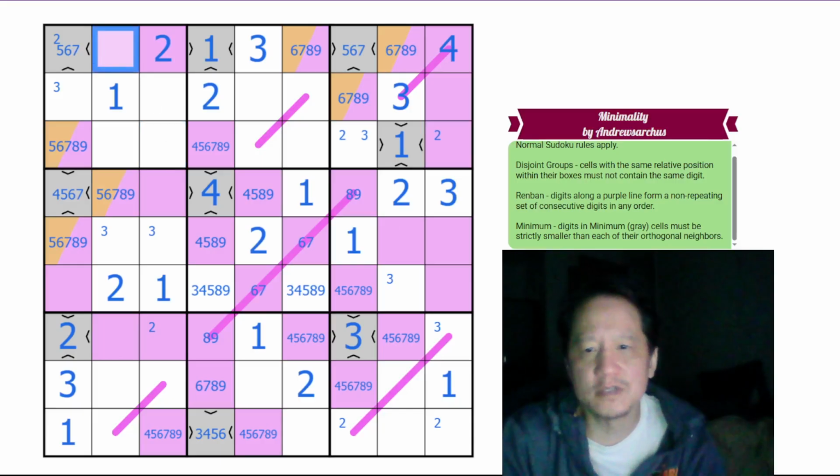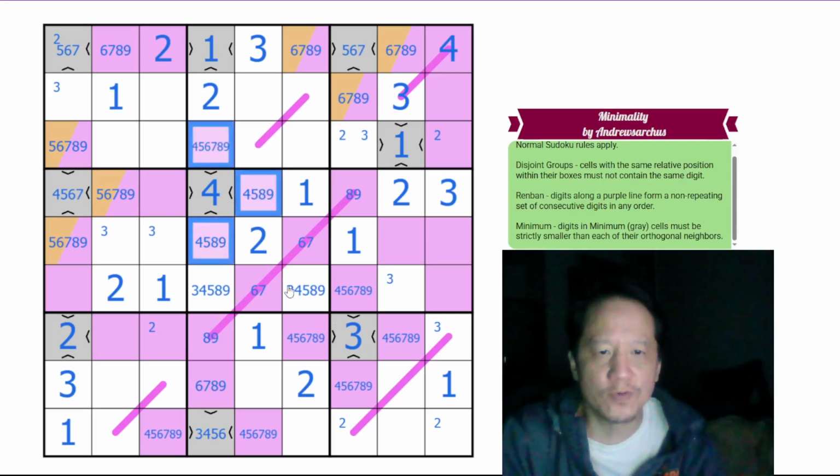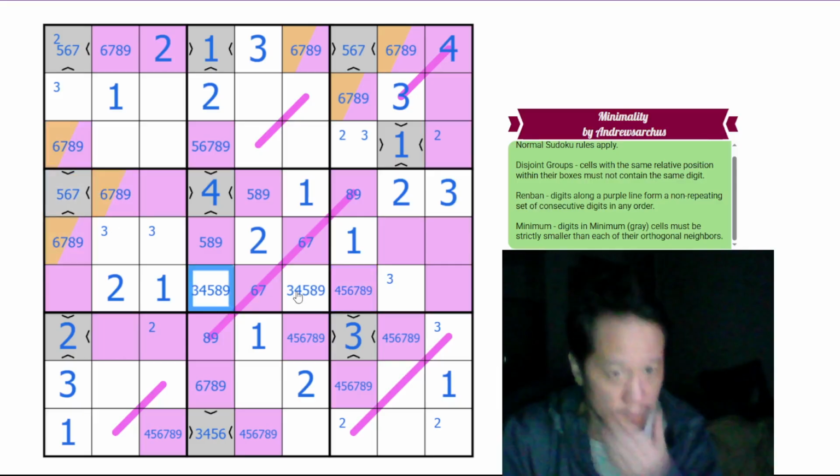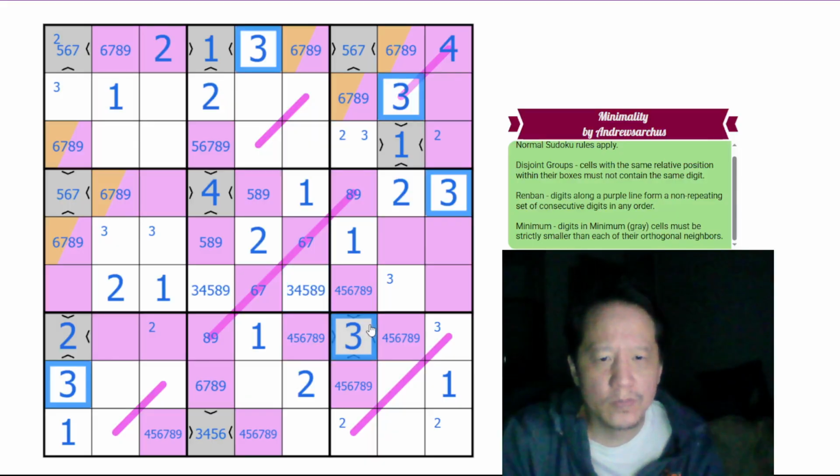This has to be 6, 7, 8, 9. This is 2, 3, obviously. 3 can't be here, 3 can't be here. 4 is here, so this can't be 4. This can't be 4, so these can't be 5. 3 is one of these two. 3 is also one of these two.